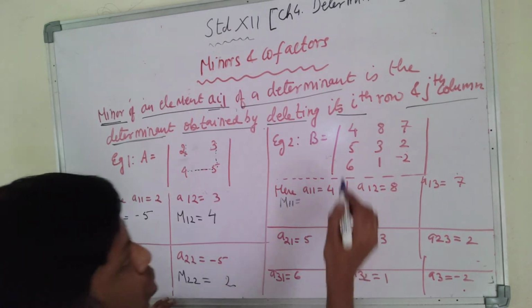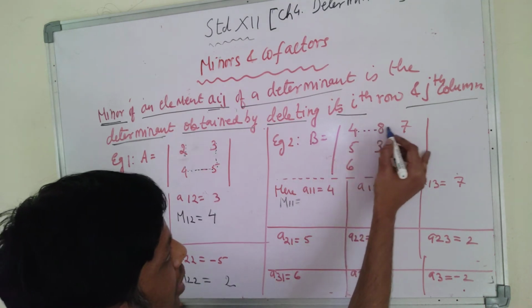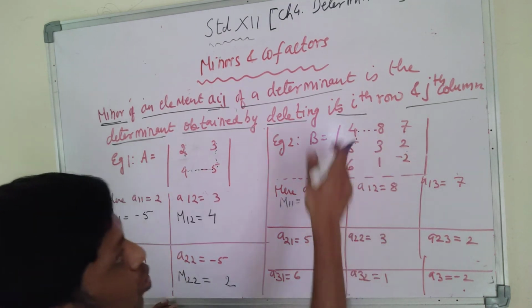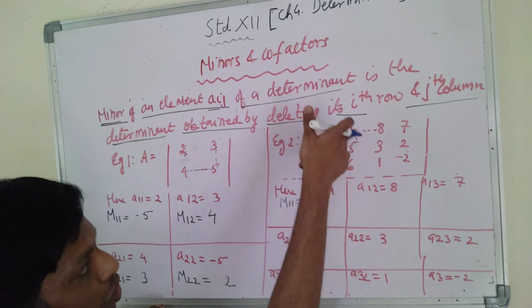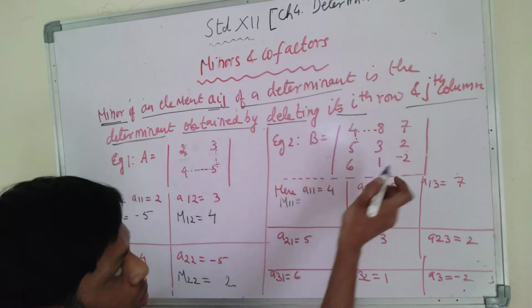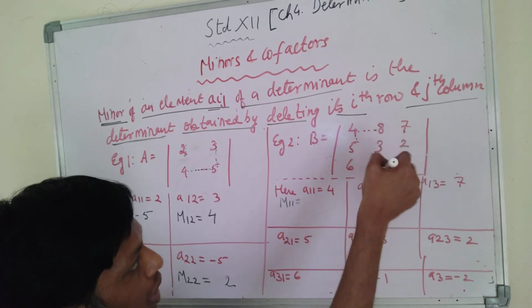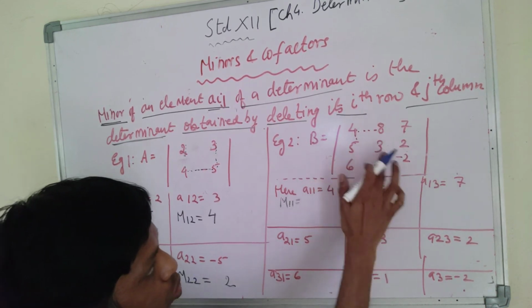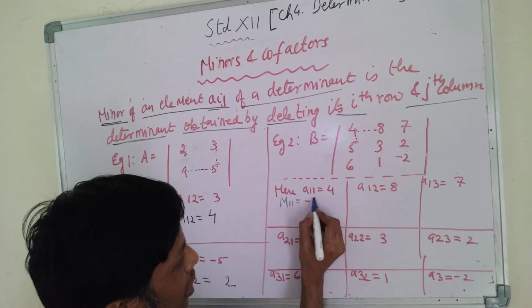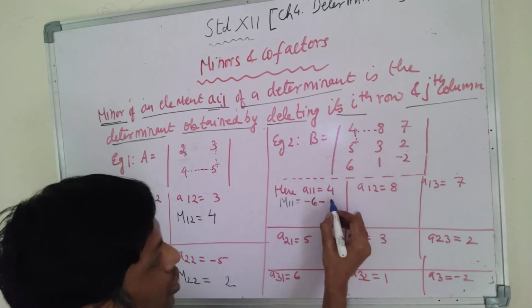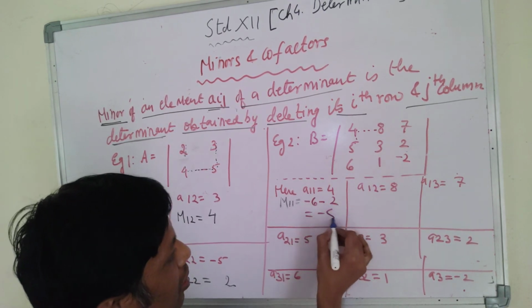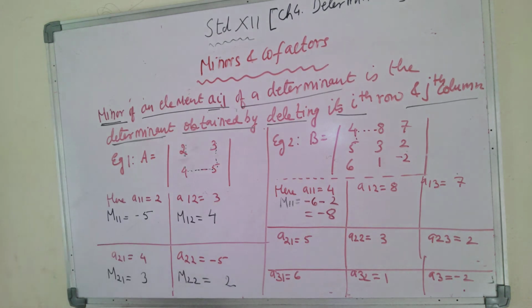It is as good as finding a determinant. 4 is present in the first row, first column. Hide that first row and first column. What are you left with? 3, 1, minus 2. So you take the determinant of the remaining. 3 into minus 2 is minus 6, minus 2 ones are 2, minus 6 minus 2. So the answer is minus 8.